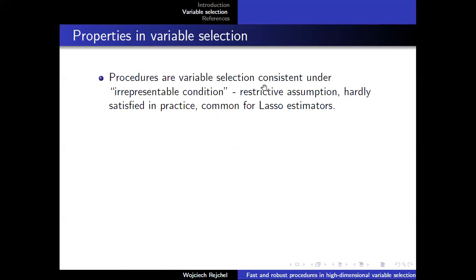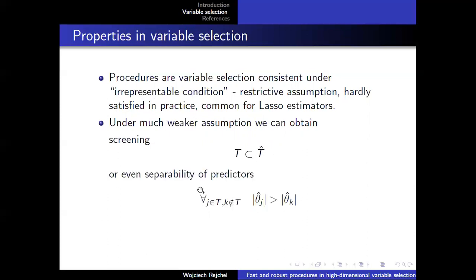In general, theoretical properties of our estimator are very similar to standard lasso estimators. So for instance, to be consistent in variable selection, it needs very restrictive assumptions, but to obtain screening or to obtain separability of predictors, it needs much weaker assumptions. Separability means that coordinates of our estimator corresponding to significant predictors are always larger in absolute value than those corresponding to non-significant predictors.